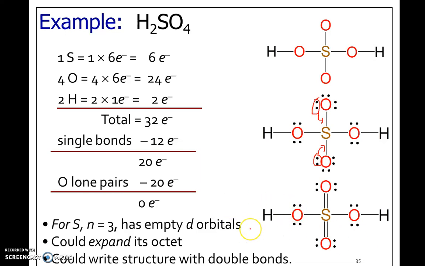So the takeaway message is, no matter what you have, you start with counting your valence electrons. You bond everything together. Then you look at, are the atoms happy? Are they bonded the amount of times they want to be bonded? Do they have their octet? Can we break the rules for the octet if something like oxygens and hydrogens and carbons aren't happy?